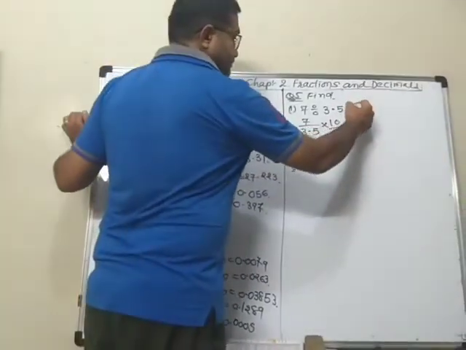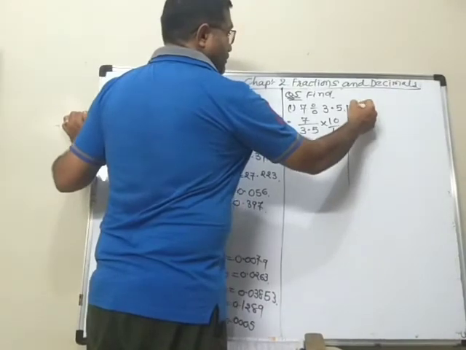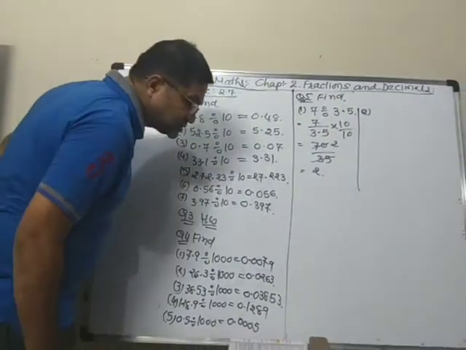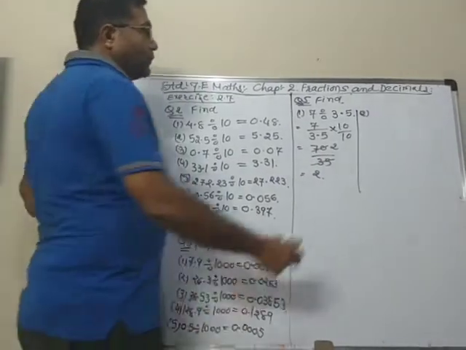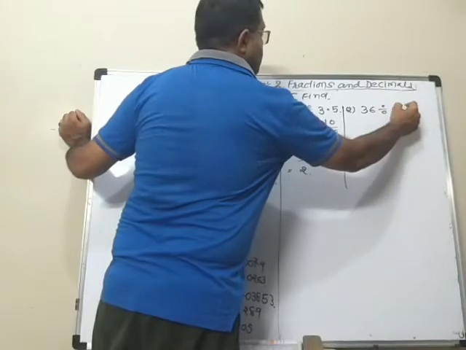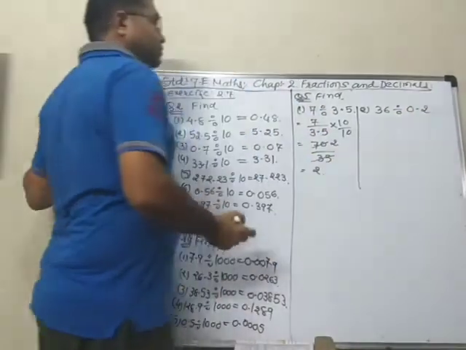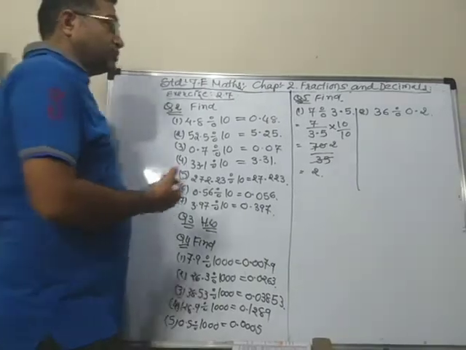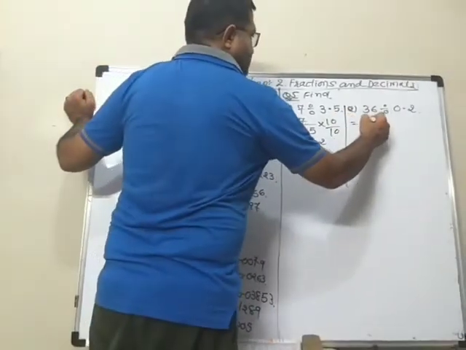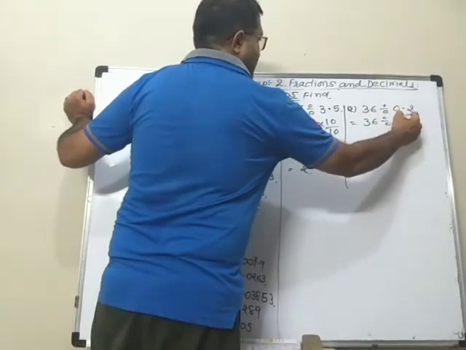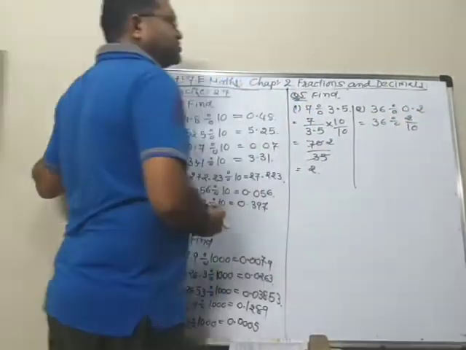Second one is 36 divided by 0.2. Now you can do by another method also. Like 36 divided by, here if you take out point, then it is written as 2 upon 10.